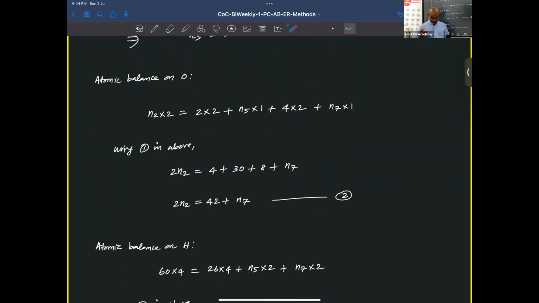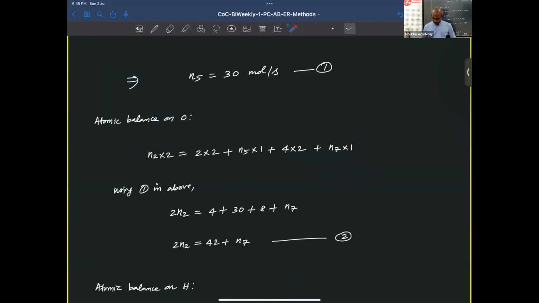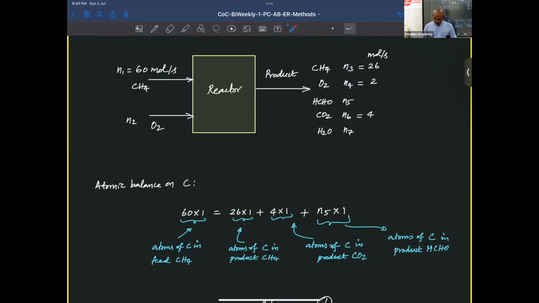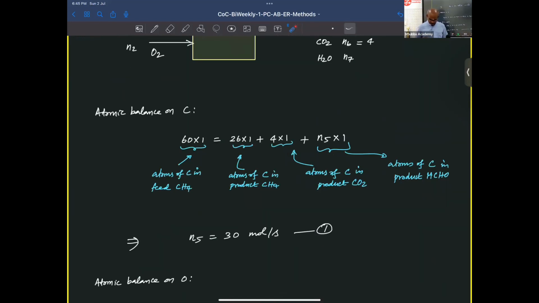Now, let us see the other equation coming from the balance on H. How much H enters? H is entering only in the methane. So 1 methane is having 4 H atoms, and 60 moles is entering. So 60 into 4, that is the H in the inlet.